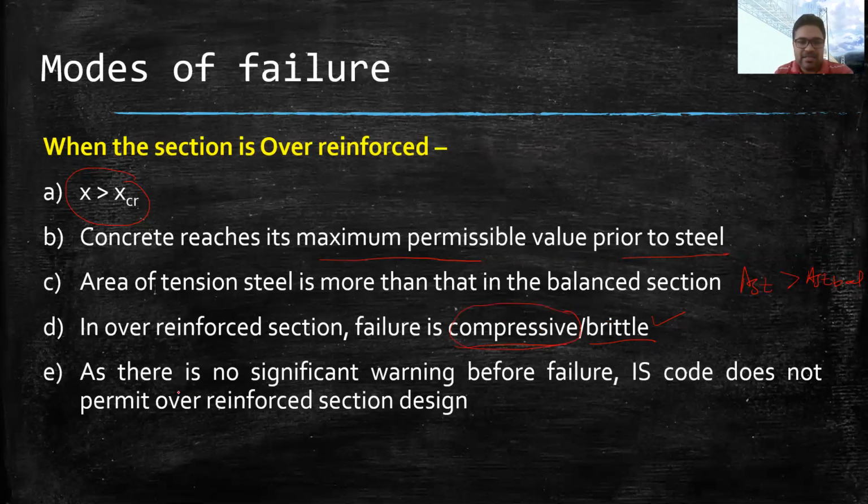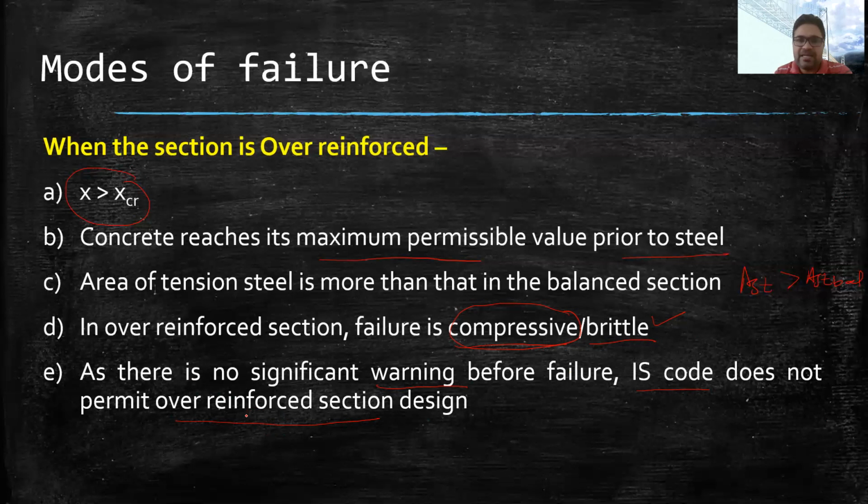And as I just said, as there is no significant warning before the failure, the Indian Standard Code does not permit over reinforced section design. So the Indian Standard Code recommends us to design our beam either as a balanced section or an under reinforced section.